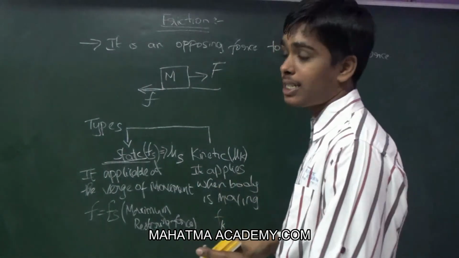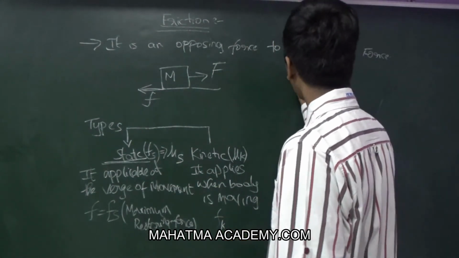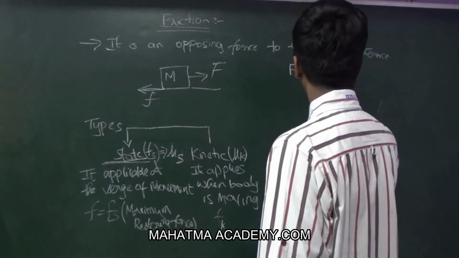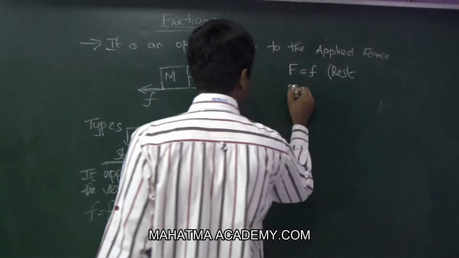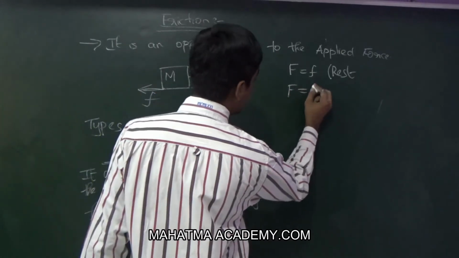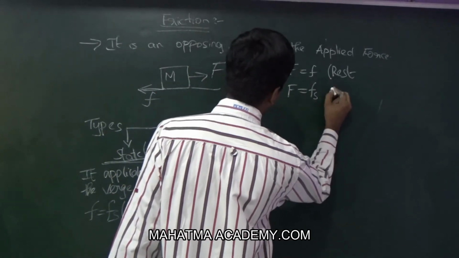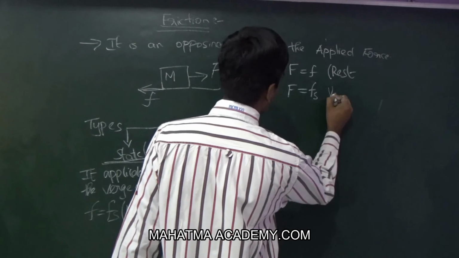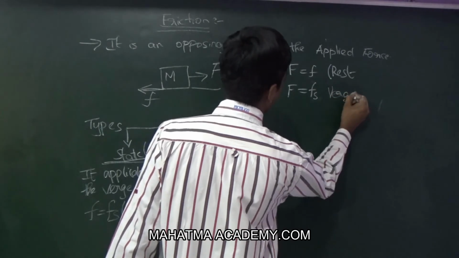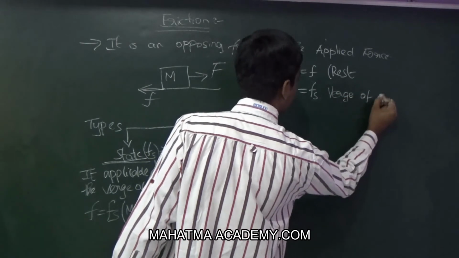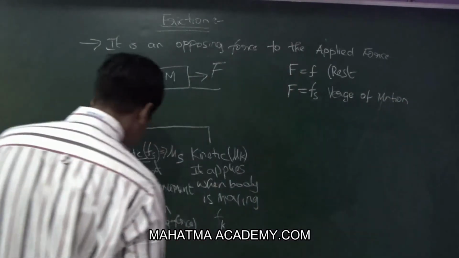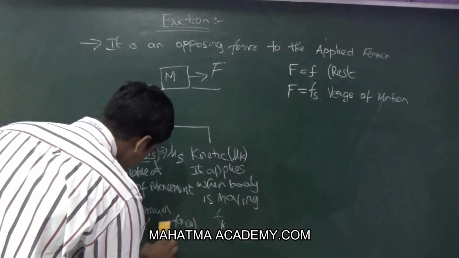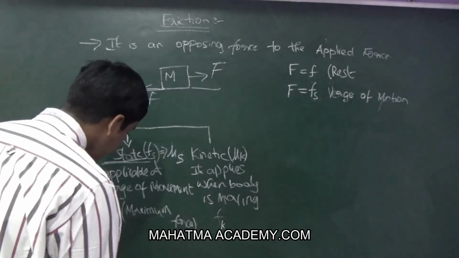There are 3 cases. If F is less than F static, the body is at rest. If F is equal to F static, it is the wedge of motion, or sorry students, the maximum static force.